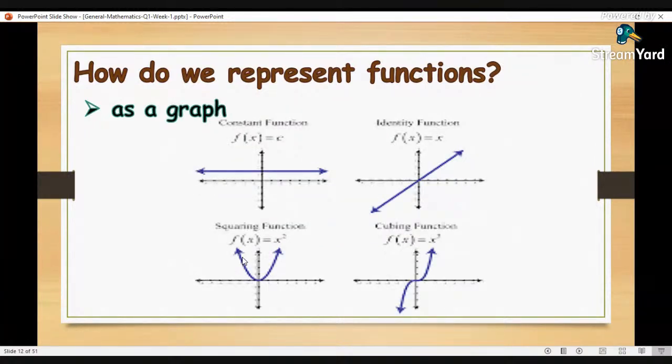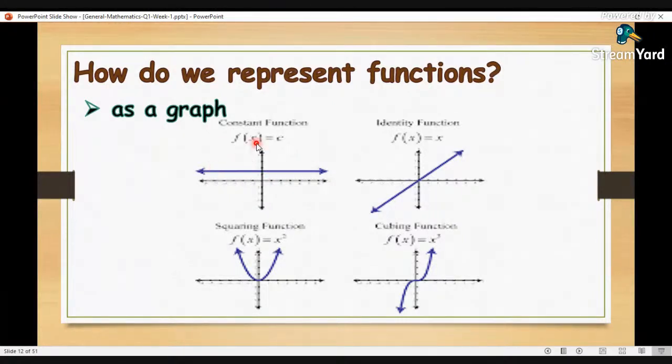And lastly, we can represent a function as a graph. Just like this one, it is a constant function.